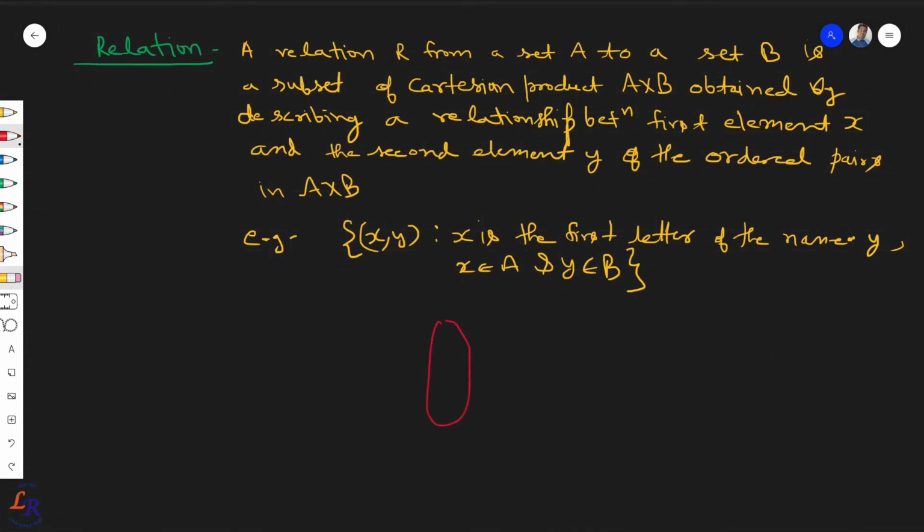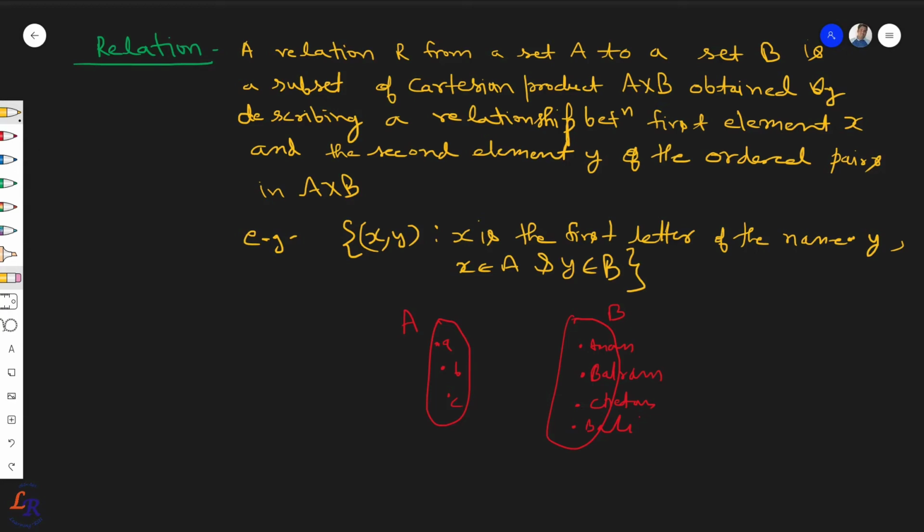Let's say this is your set A, where this is a, this is another element b, this is element c, and there is another set B, where you have Aman, Balram, Chetan, and let's say another one is Bali, right?